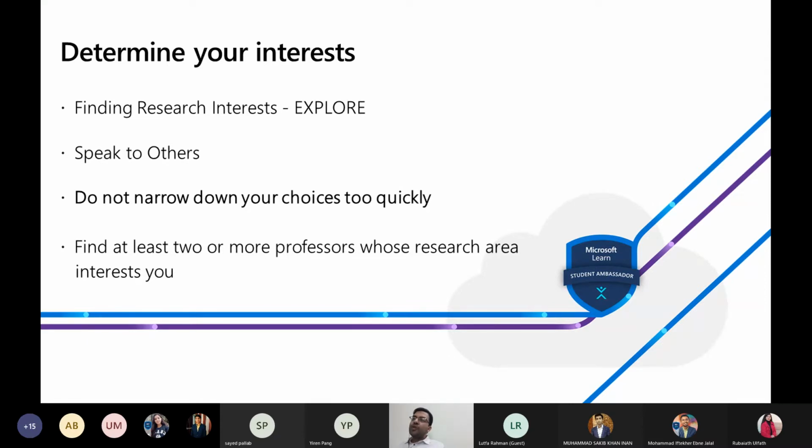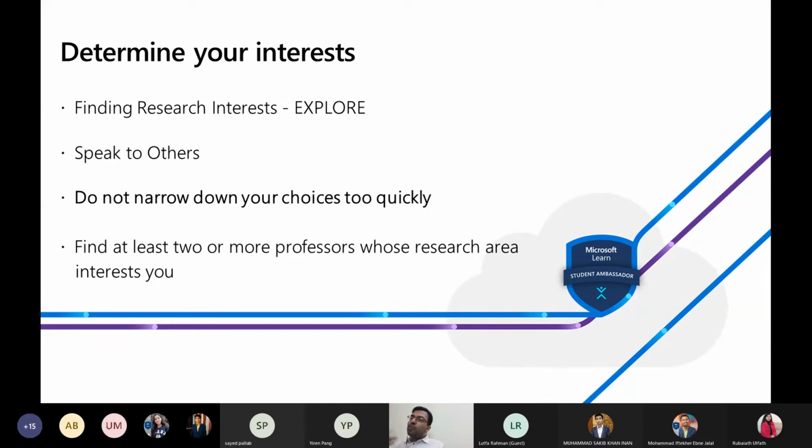Or you can go to the websites. There are numerous websites specifically dedicated to fixing your research interest. Explore those websites.